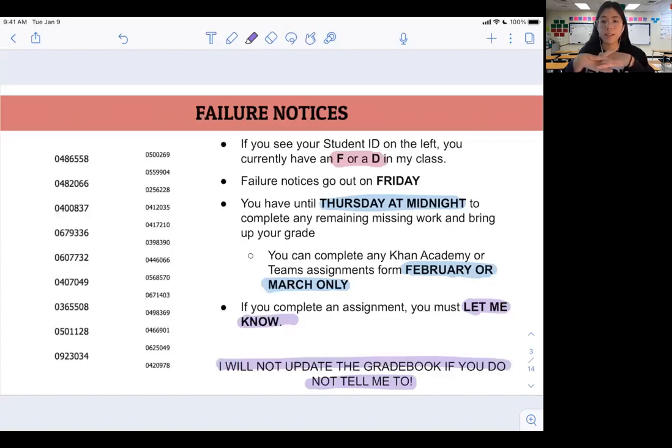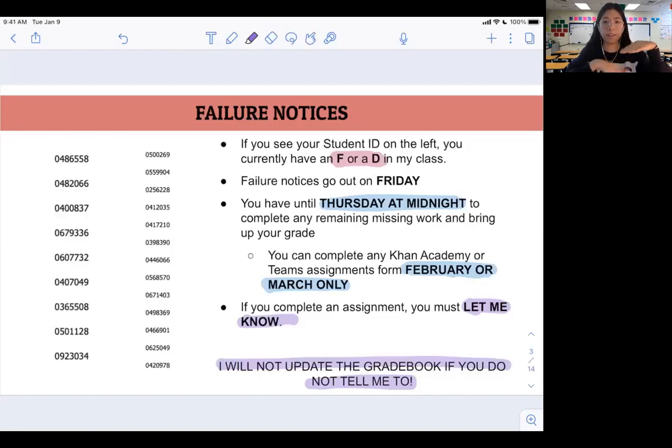Okay, one last thing that somebody asked me in the chat. If you're having trouble accessing Khan Academy and you need to make a brand new account, you can't do any past work. If you forgot your password and you have to make a new account and I add you right now, it's not going to show anything from the past 2 months.